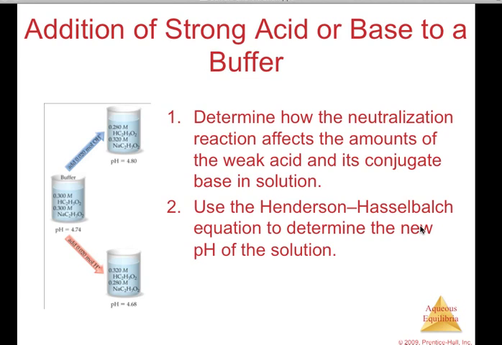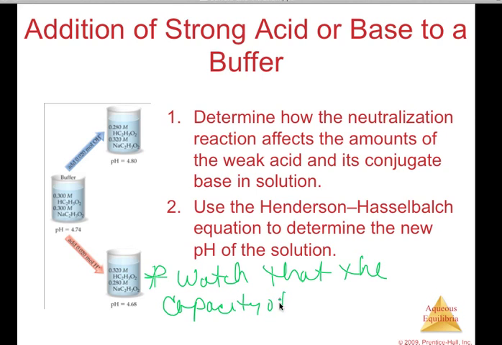If you still have that weak acid and its anion, then you can use the Henderson-Hasselbalch equation to determine the new pH of the solution. This is where I'm going to put a little asterisk. You need to watch that the capacity of the buffer is not exceeded.